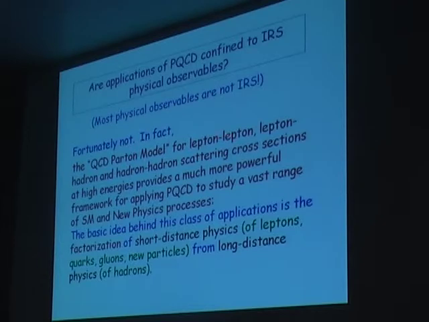So the QCD parton model then comes from the next property, which is factorization. Factorization does not get rid of the long distance physics completely, but this idea allows us to isolate the long distance physics from the short distance physics, and then you are saved by the fact that the long distance physics part, which you cannot calculate, is universal.